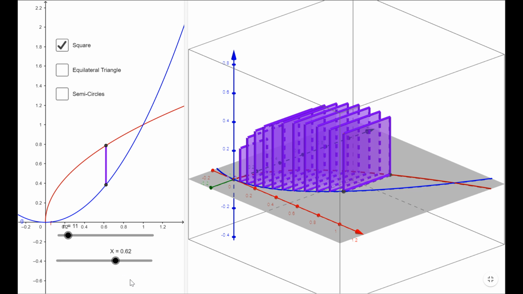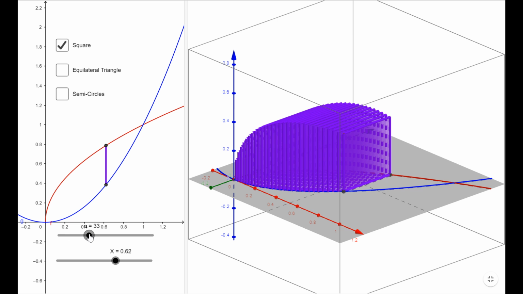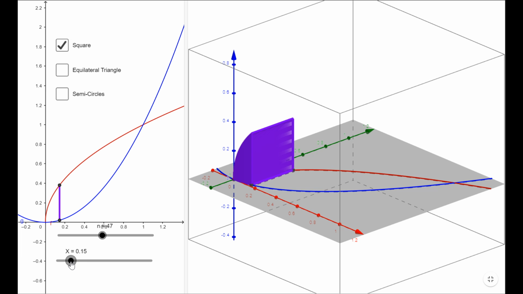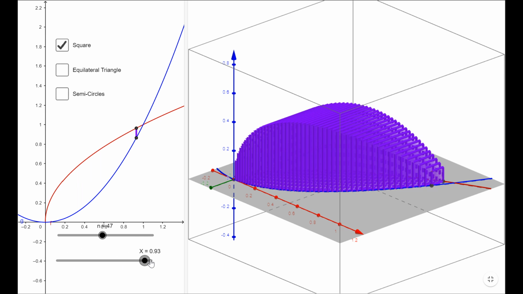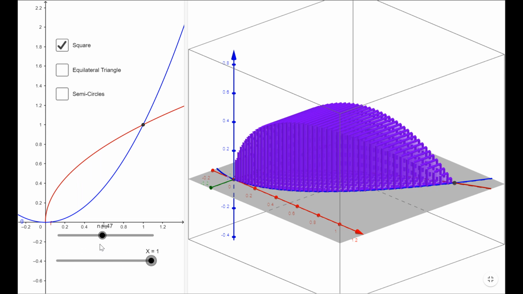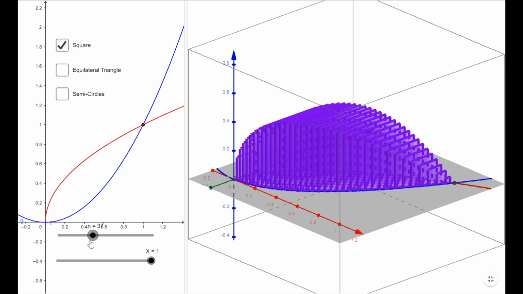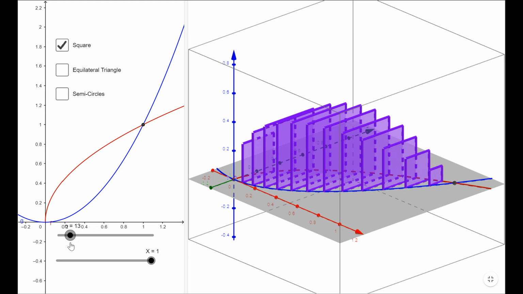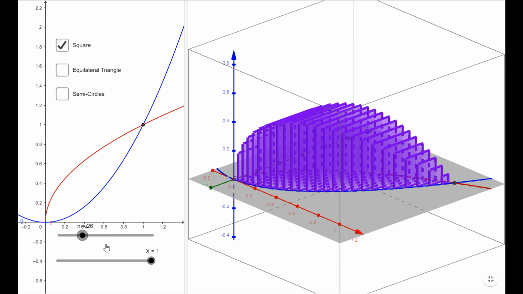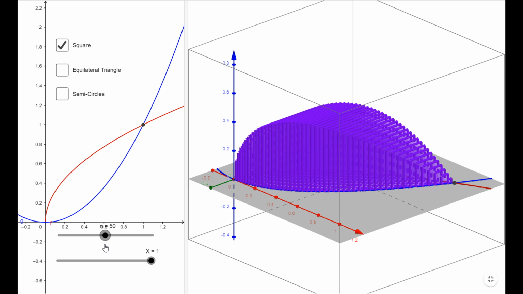And what's cool is you can play with this and make the number become more. And then you can look at moving it along the entire curve, creating more, creating less, to get an idea of what this is doing.